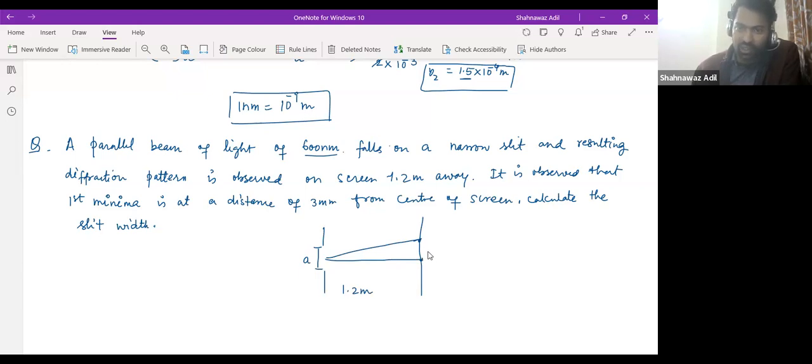This is 3 millimeter. This is the first secondary minimum. And this is the central maximum. D is also given. You have to find out what is a.